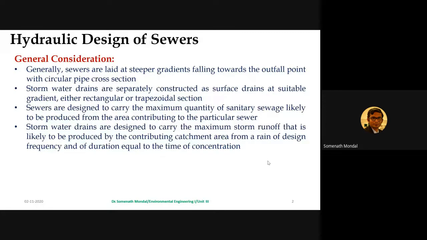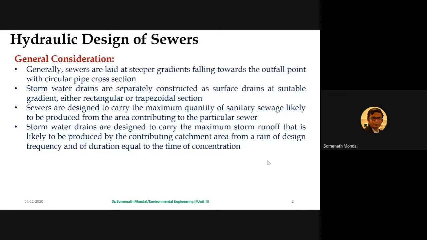Now, sewers are designed to carry the maximum quantity of sanitary sewage likely to be produced from the area contributing to the particular sewer. So we need to design accordingly to the maximum quantity. Why? Because if the maximum predicted quantity comes, the sewerage system would be able to handle it without creating any problem in the future. So that is why we need to predict the population the way we did in previous cases.